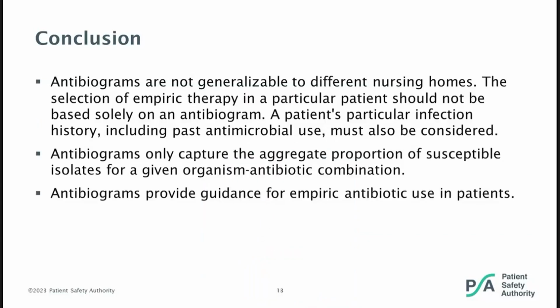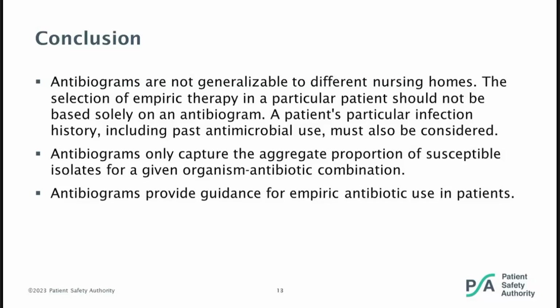So antibiograms are not generalizable to different nursing homes. The selection of empiric therapy in a particular resident should not be based solely on an antibiogram. So a patient's particular infection, their history, what antimicrobials have been used in the past, all of that needs to be considered when you're prescribing. And then antibiograms only capture the aggregate proportion of susceptible isolates for given organism antibiotic combinations.